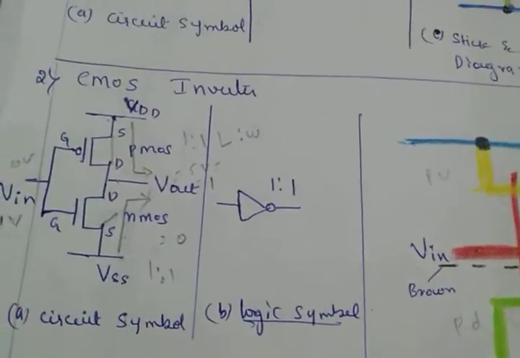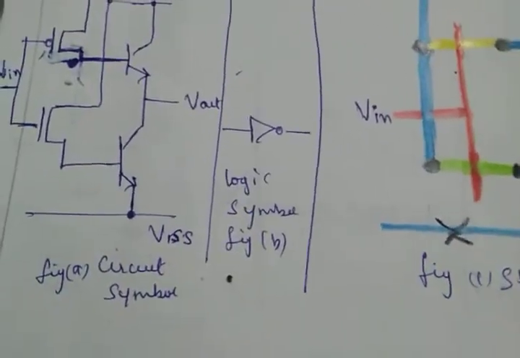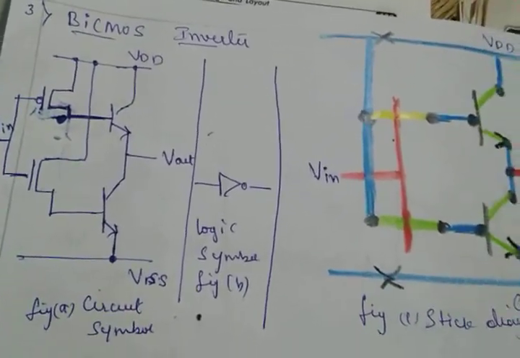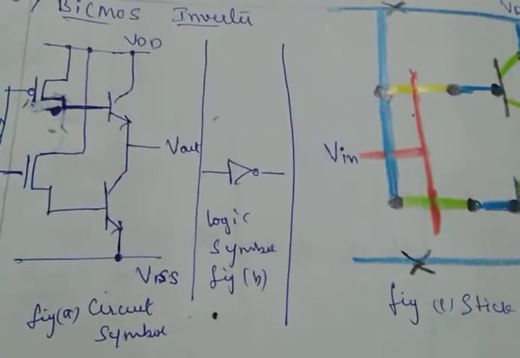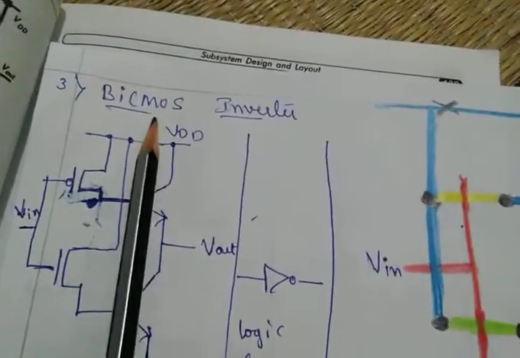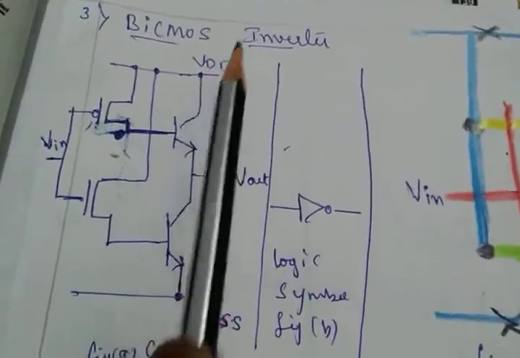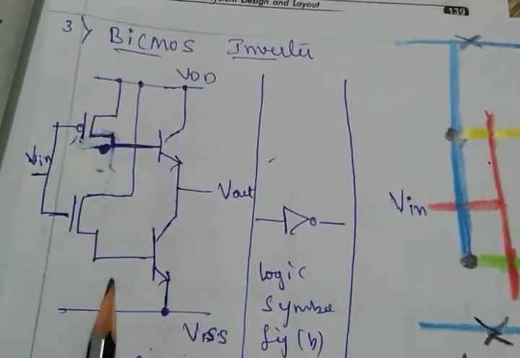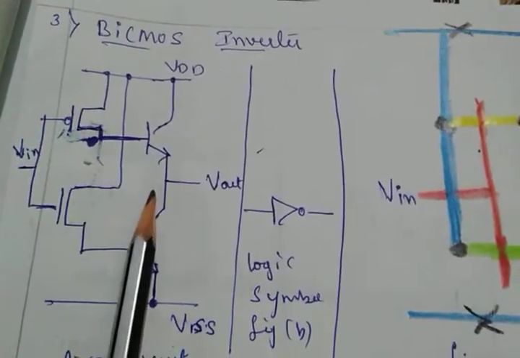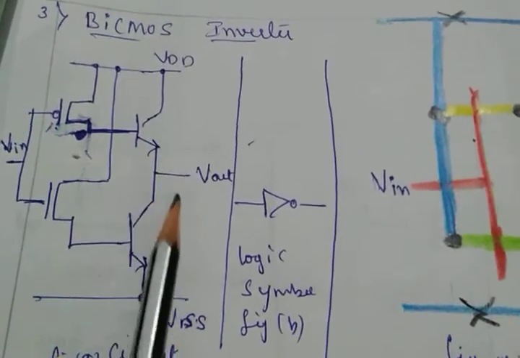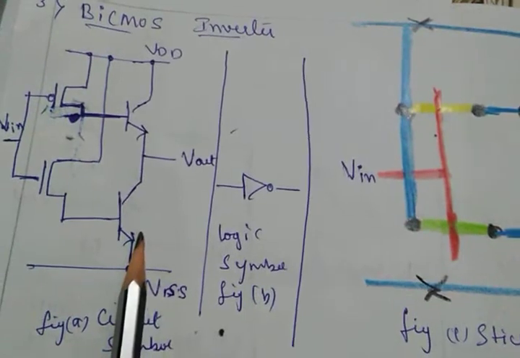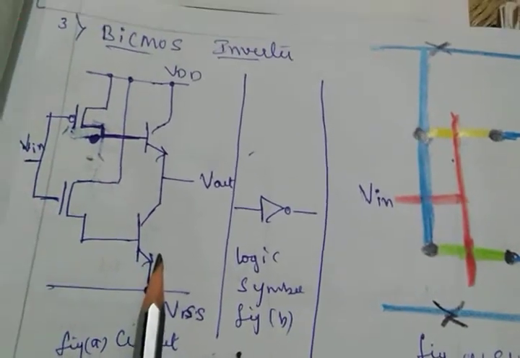The last one is the BiCMOS. BiCMOS combines bipolar junction transistors with complementary metal oxide semiconductor. Here the circuit is the same as a CMOS, we have just connected the BJT.